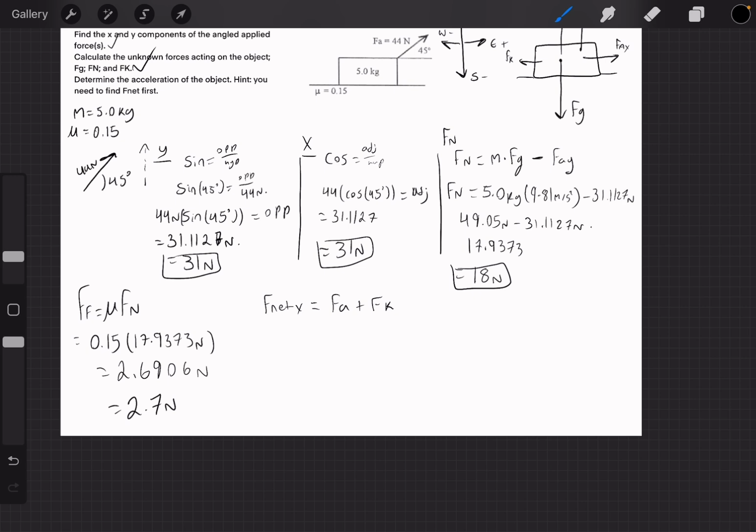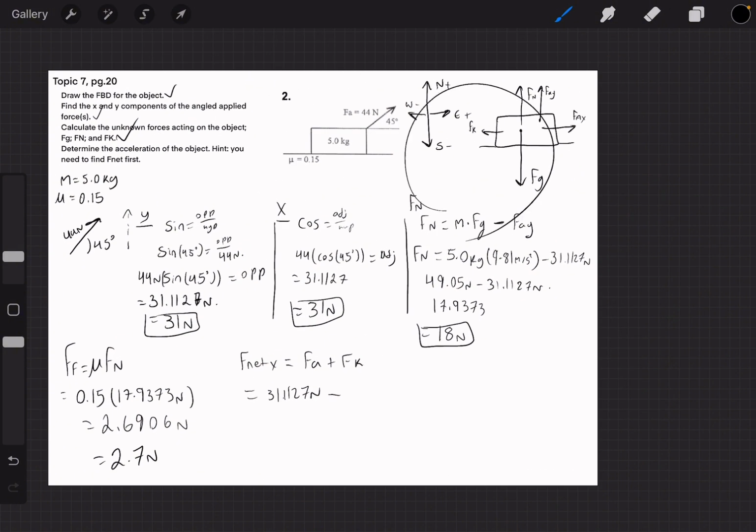That's going to give us 31.1127 newtons, and this is going to be minus because FK is going in the opposite direction, as we highlighted earlier.